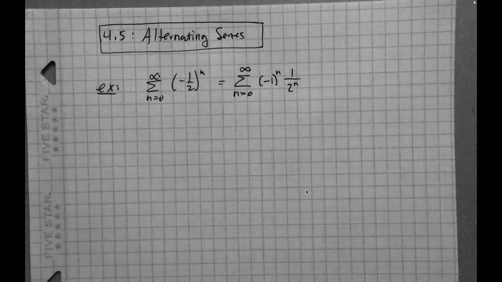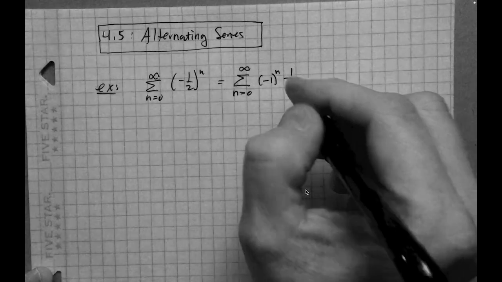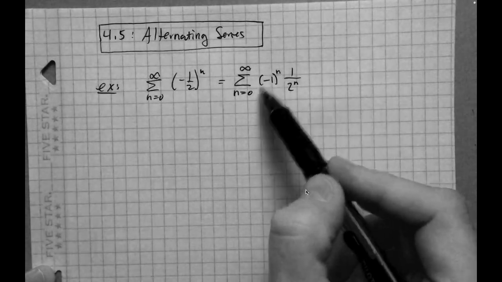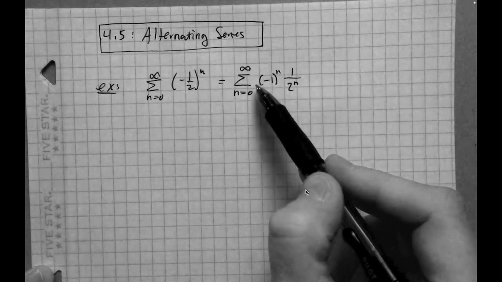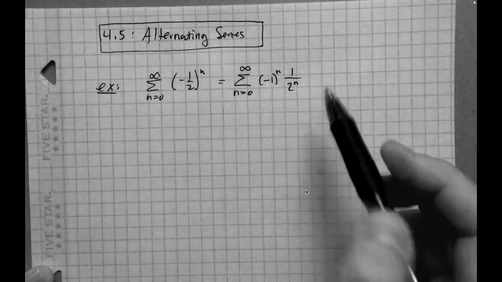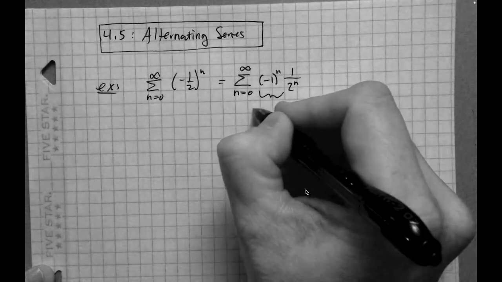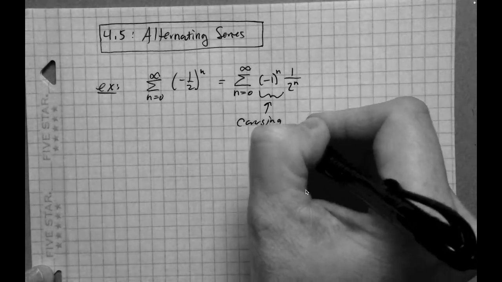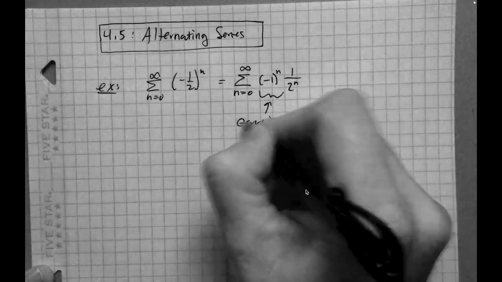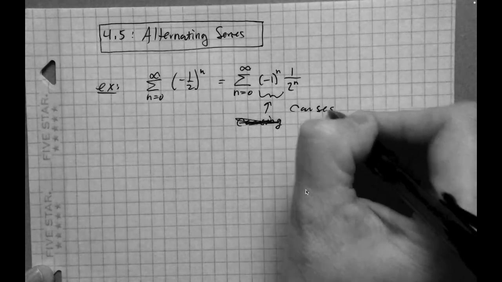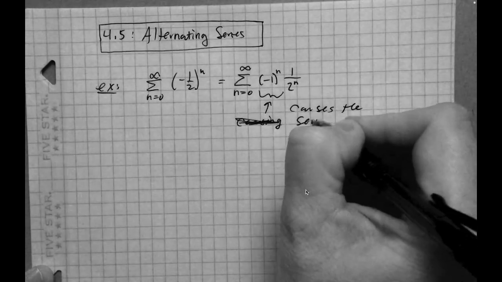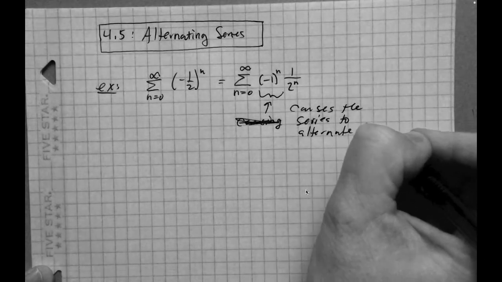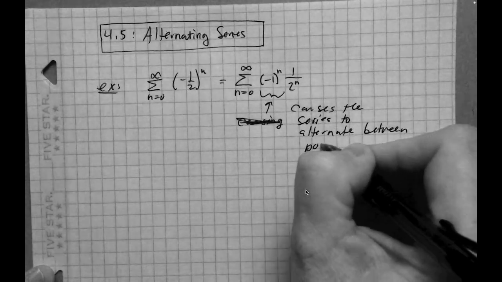As you can probably see, or if not, you can easily see when I point it out, this series is called alternating because of this piece here, this negative 1 to the nth power factor. This piece is what causes the series to alternate between positive and negative values.